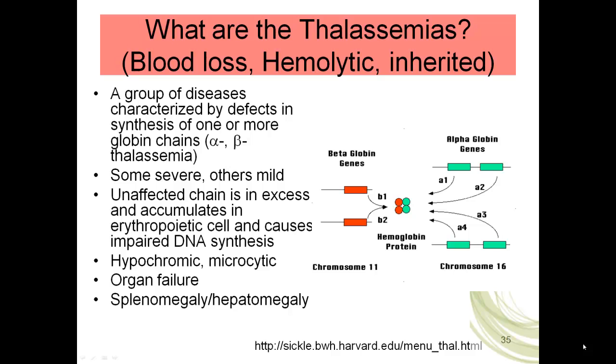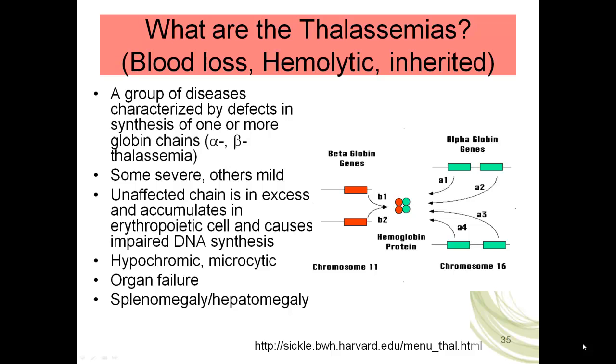It's either alpha thalassemia or beta thalassemia, and they are named, and listen up, they're named for the gene that has the mutation. So, for example, if you have alpha thalassemia, then that means you have a mutation in one or more of your alpha genes that code for the alpha globin chains.